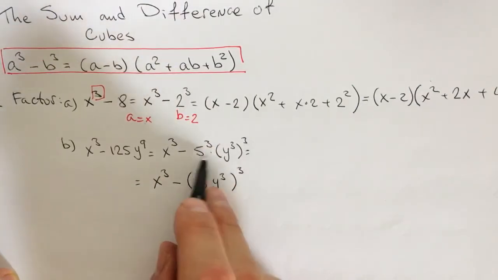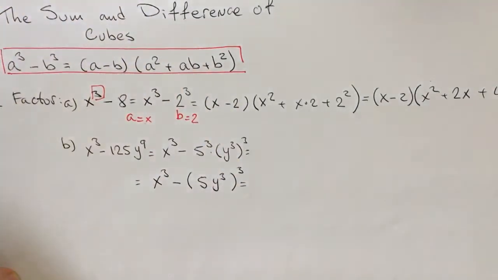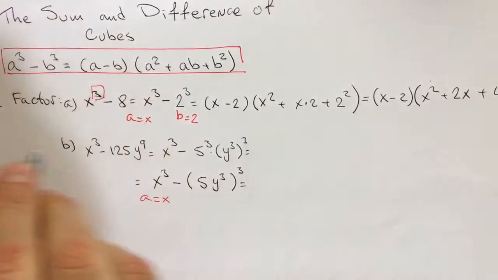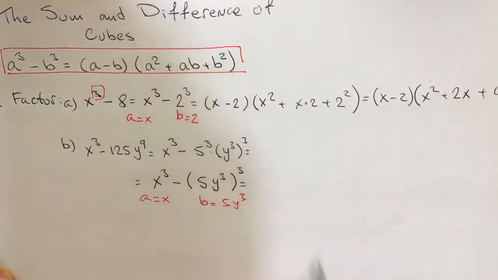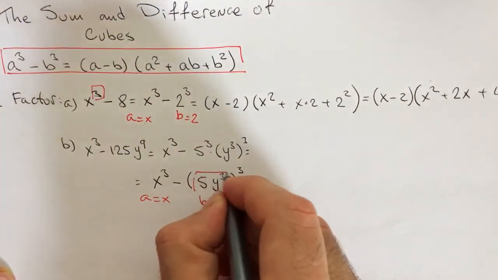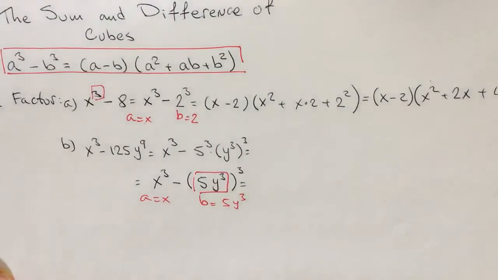These two terms are equal. Now your a here is x, similarly as in the first case, but b, be careful, is 5y cubed. This whole expression here is b. And now apply the formula.